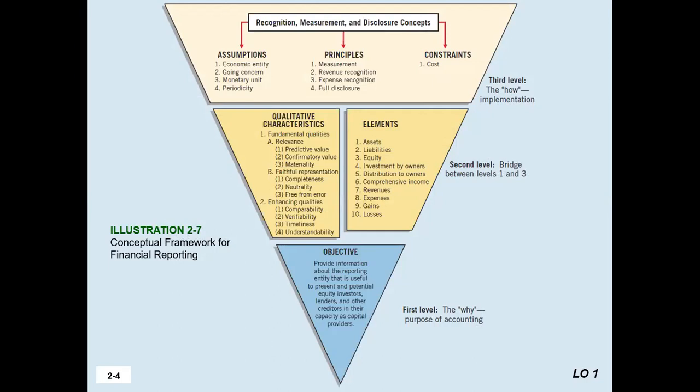Equity, investment by owners, distribution to owners, comprehensive income, that has to do with the statement of stockholders' equity or statement of owners' equity. And then revenues, expenses, gains, and losses. Of course, these are elements of the income statement. So these are some of the elements that we'll be talking about as we're going through this.